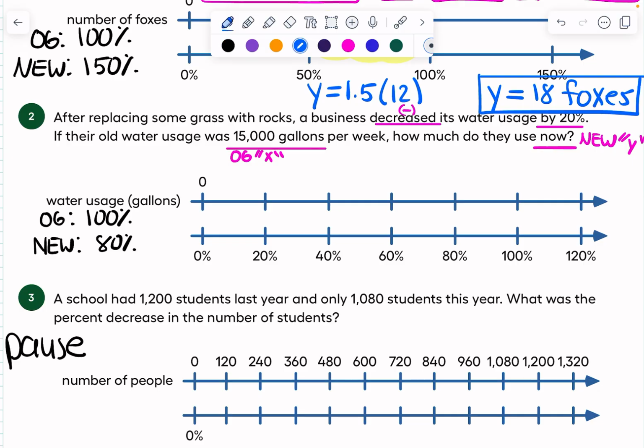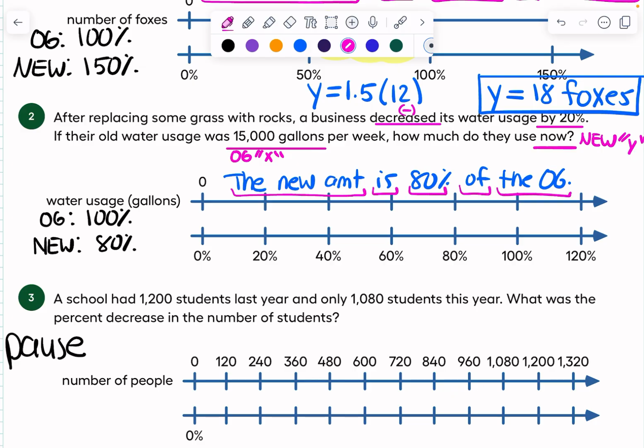And our sentence would be the new amount is 80% of the OG. And now we do like Google Translate, get this into an equation. So we would say y equals 0.8x. I highlight this for you because it's so important.